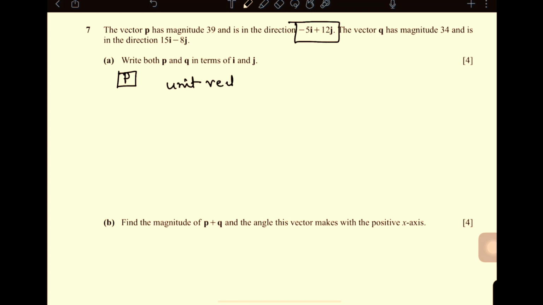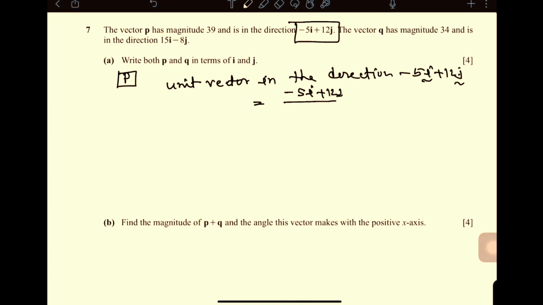Unit vector in the direction of minus 5i plus 12j equals minus 5i plus 12j divided by its magnitude. How to find magnitude? Coefficient of i whole square plus coefficient of j whole square.